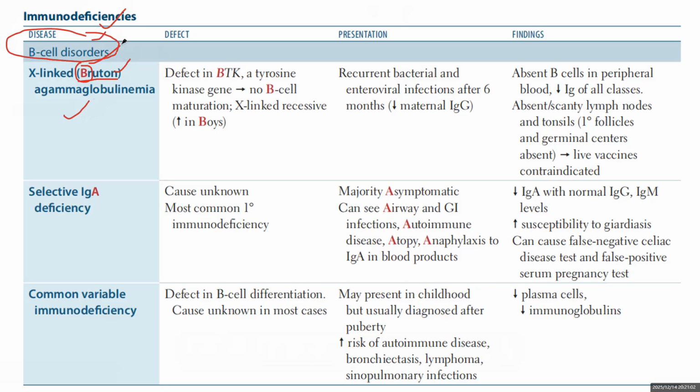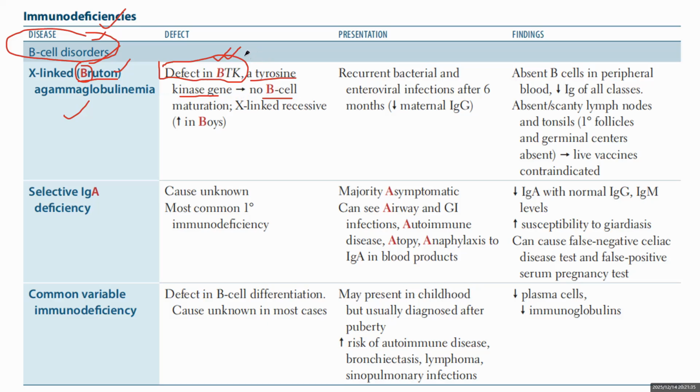The root of the problem is a mutation in the BTK gene, which is a tyrosine kinase gene, the Bruton tyrosine kinase gene. Another thing to keep in mind is that this gene is mainly responsible for B cell maturation, from the early precursors into fully functioning B cells.